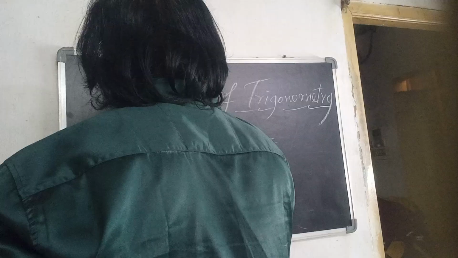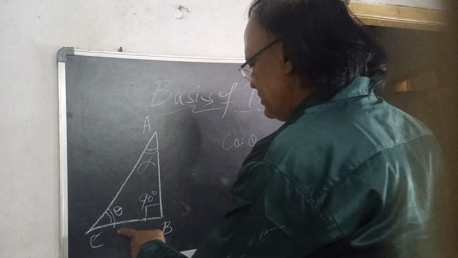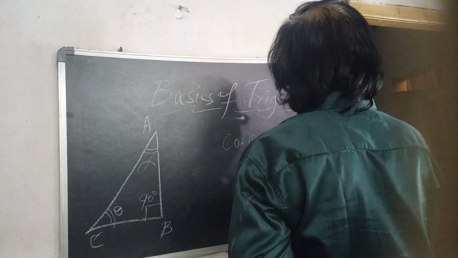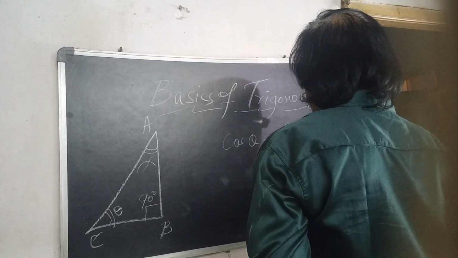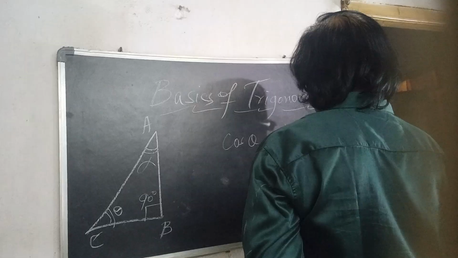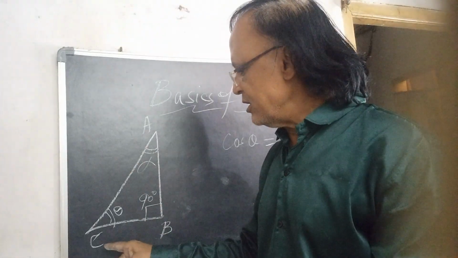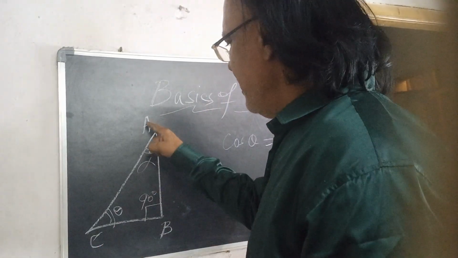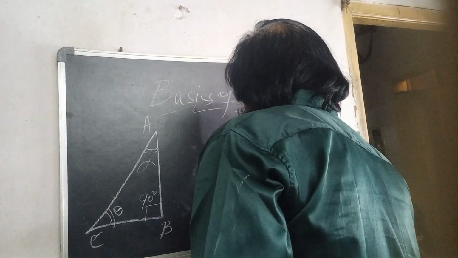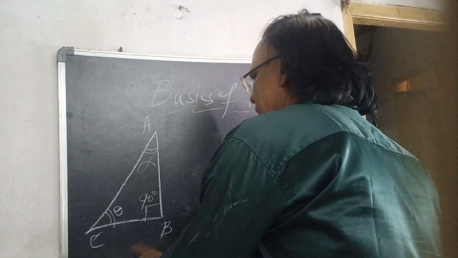And this angle is, suppose, alpha. So cos theta is equal to adjacent side by hypotenuse. What is the adjacent side here? BC or CB is the adjacent side. BC by AC. Cos theta is equal to BC by AC.